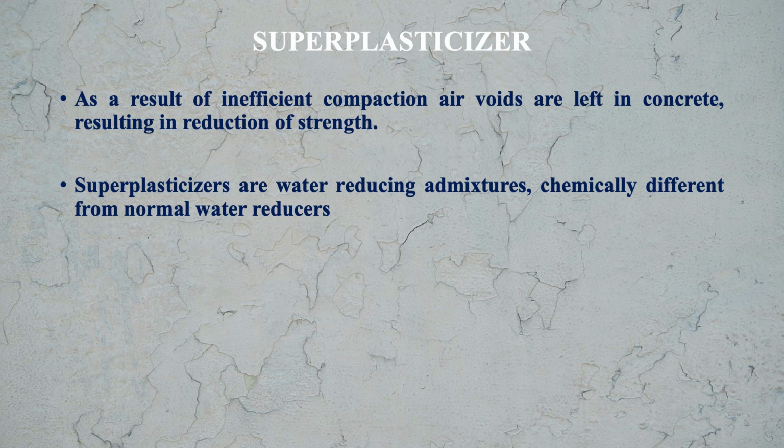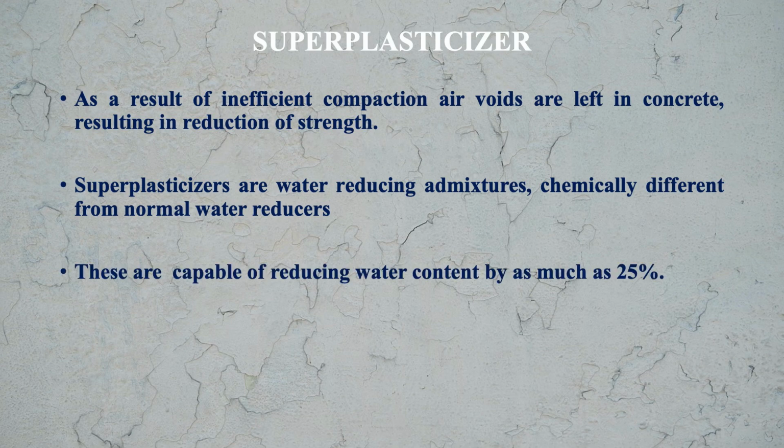Superplasticizers are water reducing admixtures, and these are chemically different from normal water reducers. These are capable of reducing water content by as much as 25%. Means you can reduce the water content by 25% by using superplasticizers in the concrete.